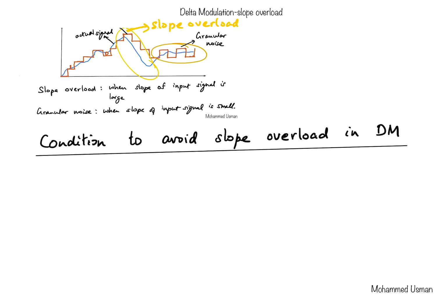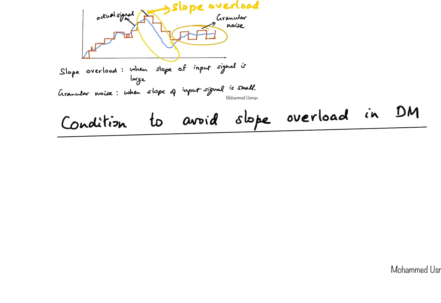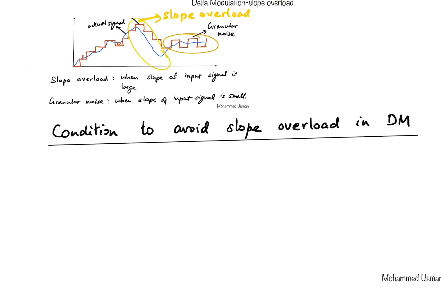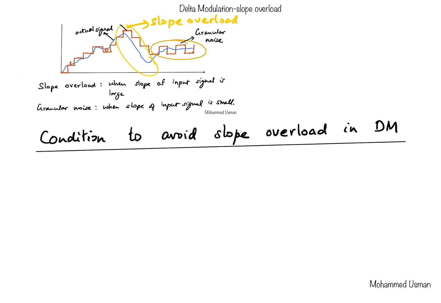If this condition is satisfied, then the slope overload problem can be avoided. So we want to find the maximum slope of the delta modulation system.